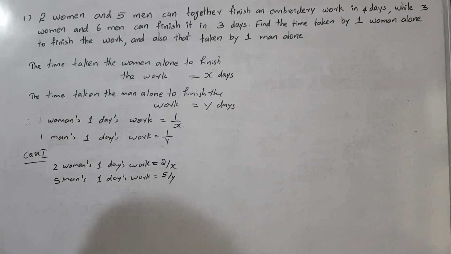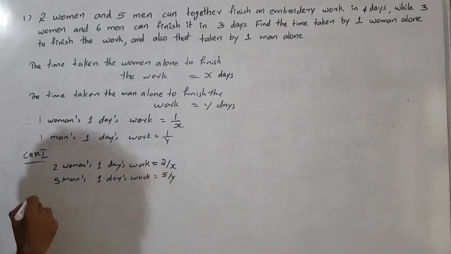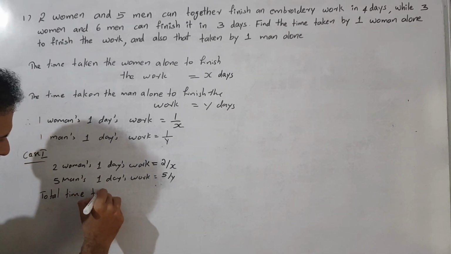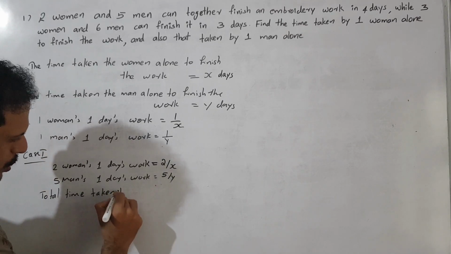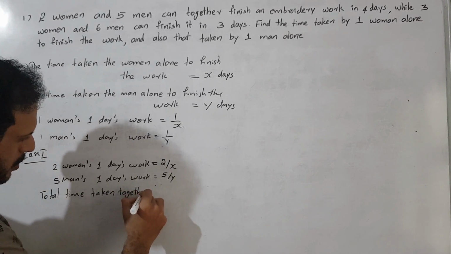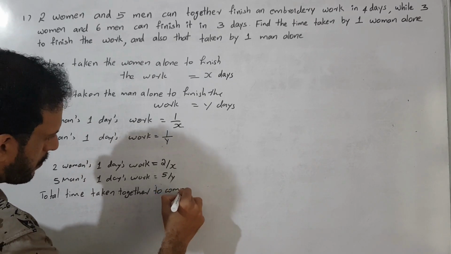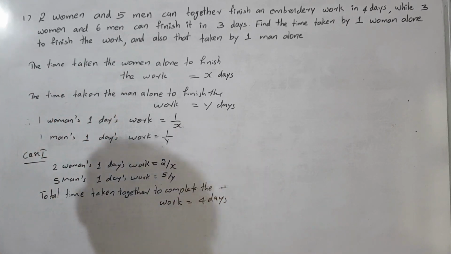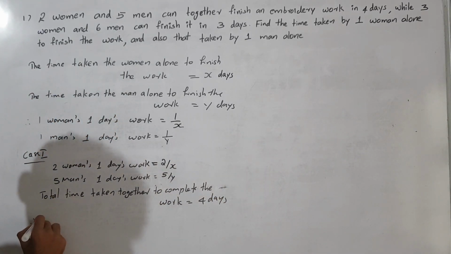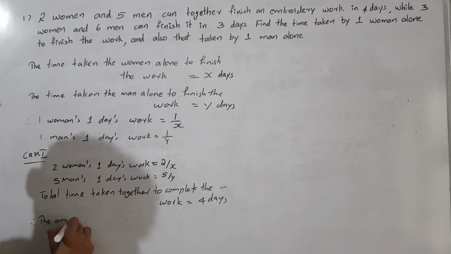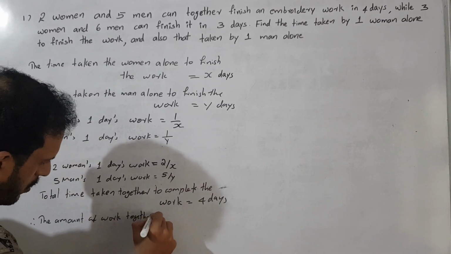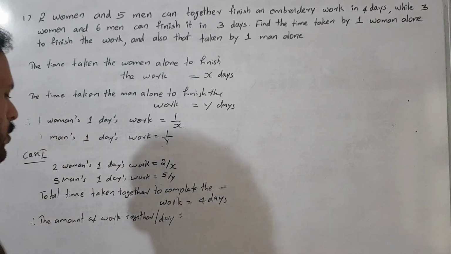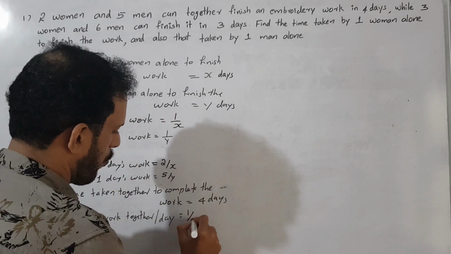Then the total time taken together to complete the work is equal to 4 days. Correct? Therefore, the amount of work together per day is equal to 1 by 4.